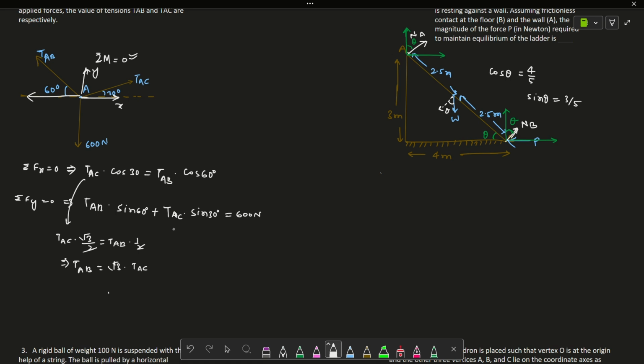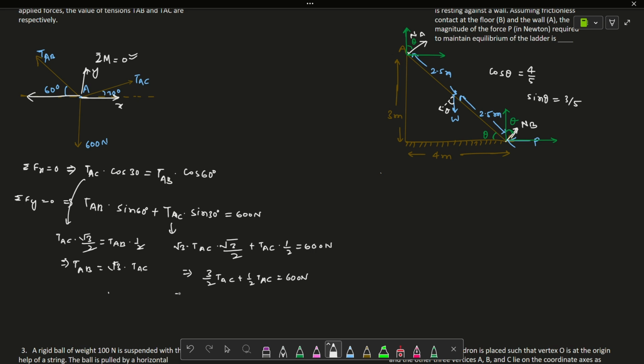So it becomes root 3 times TAC, sine 60 will become root 3 by 2, plus TAC, sine 30 will become 1 by 2, equal to 600 Newton, right? And overall it will become 3 by 2 TAC plus 1 by 2 TAC equal to 600 Newton.